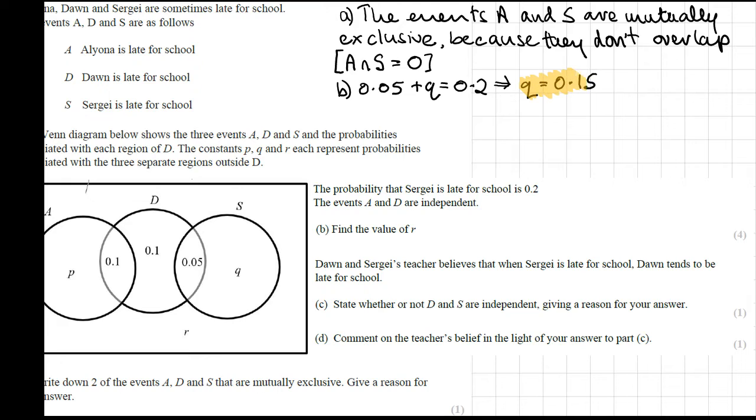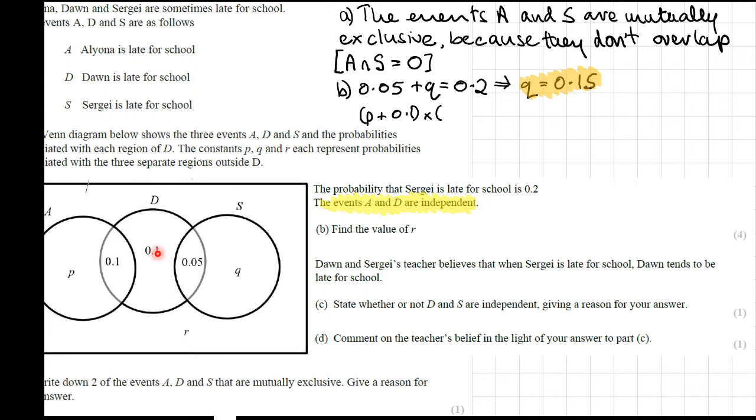Then we're going to use the other bit of information here, that the events A and D are independent, which means if we multiply A and D together, we get the value of the overlap. So A and D multiply together, so that's basically 0.1 plus P, that's A, so P plus 0.1, A times by D. Now our probability of D, that's going to be what all three of these add up together.